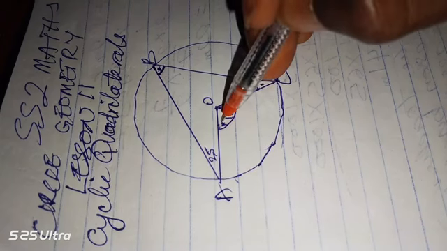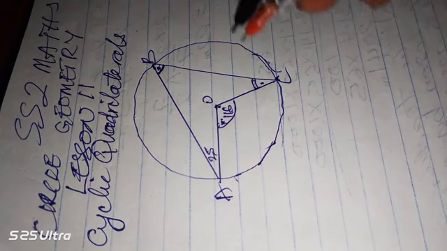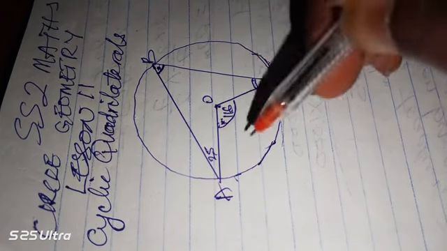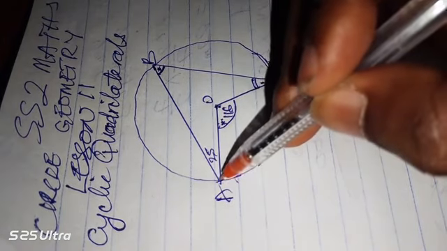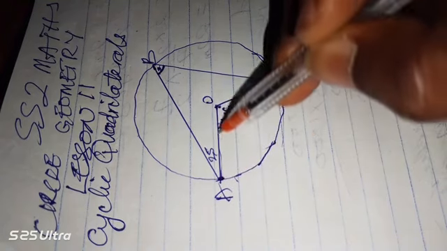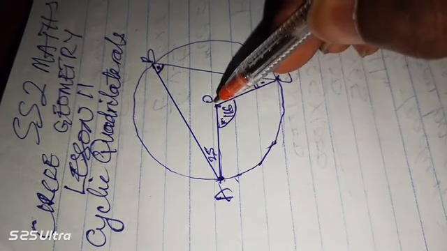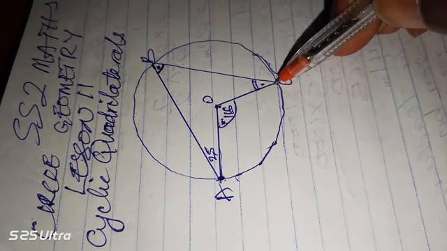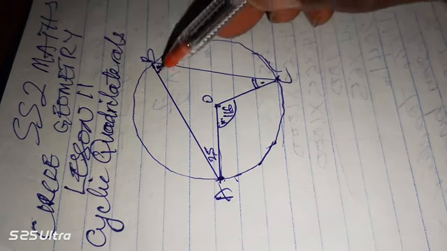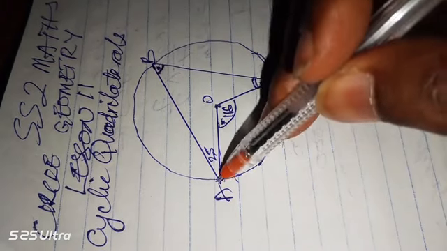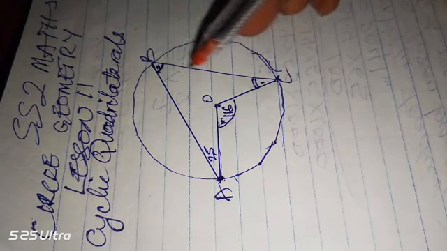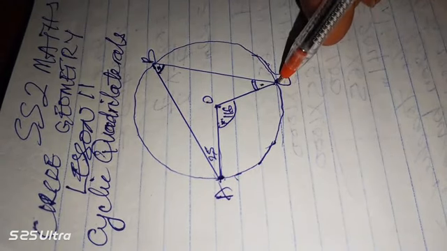Because this very angle 116 has the same takeoff point and landing point. The angle started from here, it moves here and landed here. It took off from A and it landed at C. This angle too took off from A, touched the circumference and landed at C too.